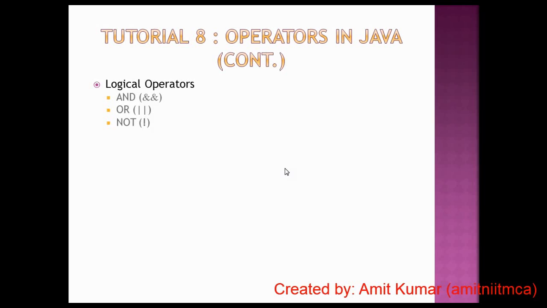How do AND and OR work? If the two relations that are provided to it are both true, then the AND operator returns a true value. If any of the relations is false, then AND will return a false. OR operator returns true if any of the relations is true.